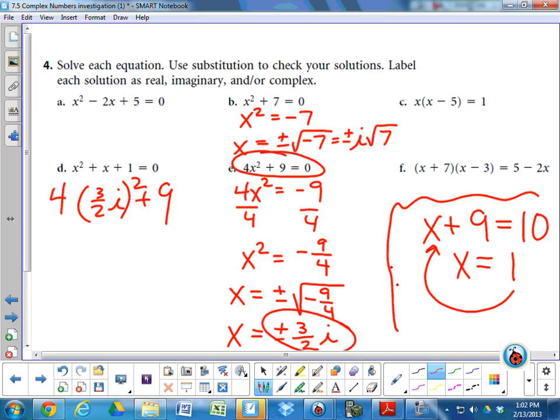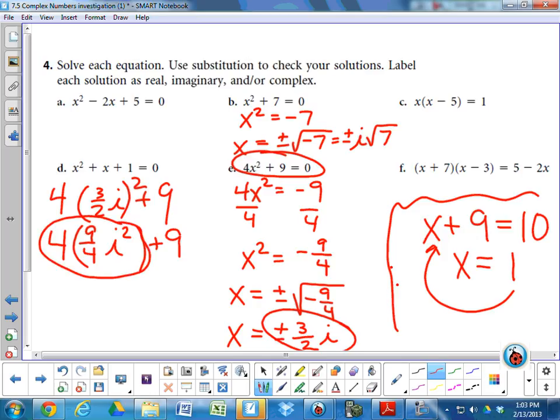Let's try it. To square 3/2 I, you square 3/2, 9/4, and you square I. I squared is -1. What's -1 times all this stuff?